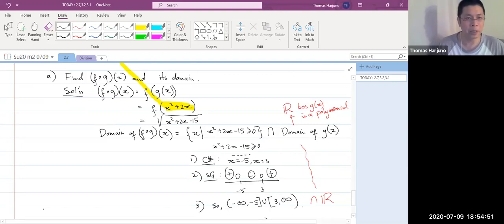Now, part B, we will find g compose f of x and its domain.